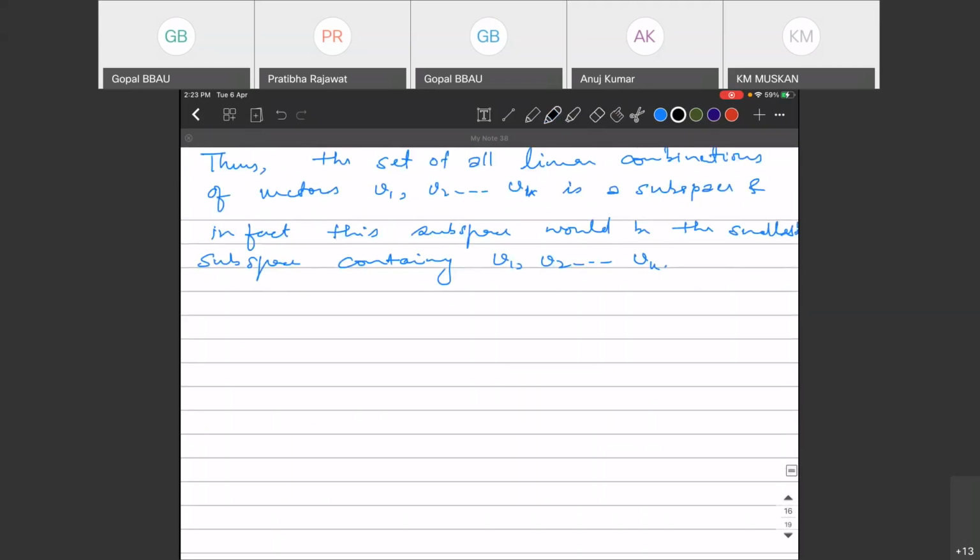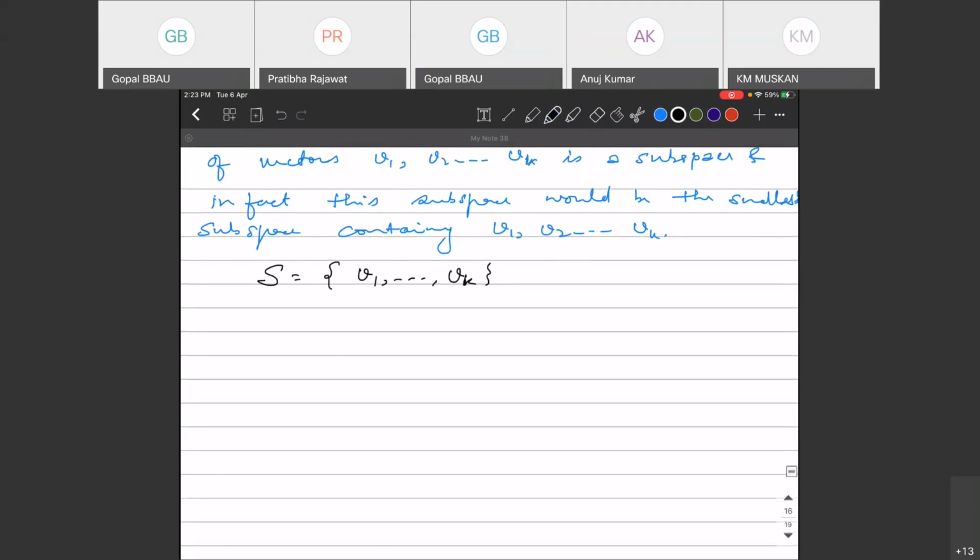Say we have a set S, where S is v1, v2, vk. See, this is a finite set of vectors. What happens if we have an infinite set of vectors, an arbitrary set? Then also we can define the set of linear combinations. Let me do that first.